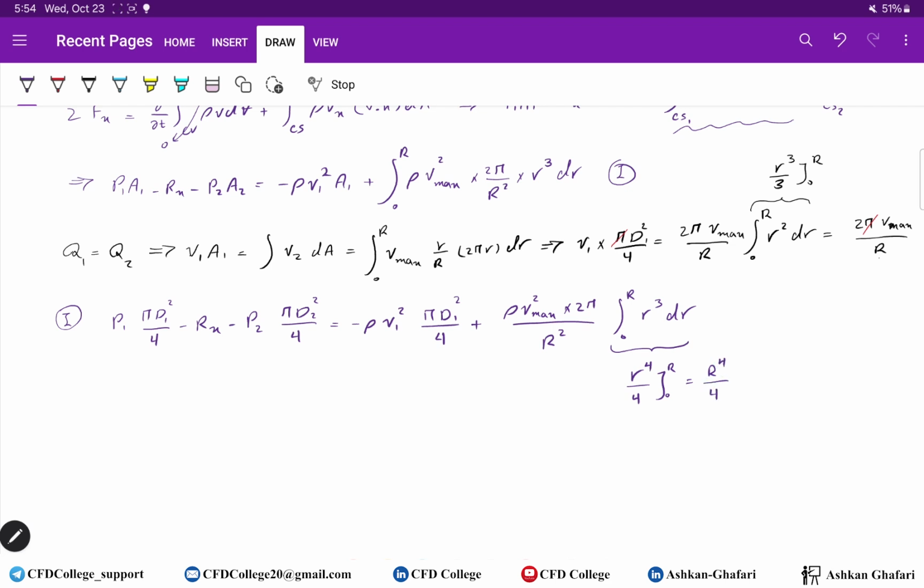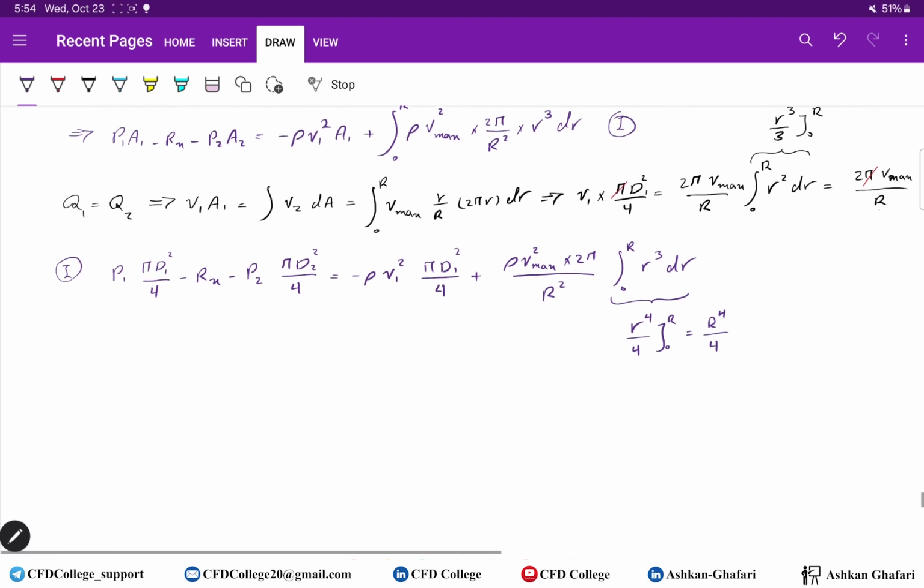Now you have everything, and you can find Rx. I think you can do the math. You know P1 is 0.2 psi, pounds per inch square. Don't forget to convert it, 144 inches square over feet square. P2 is 0.1, you have to do the same.